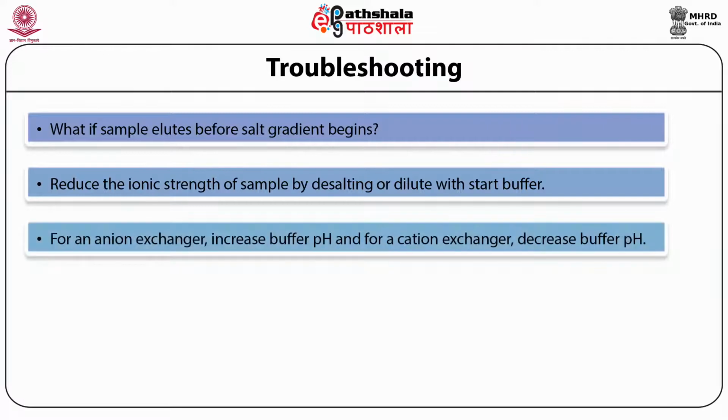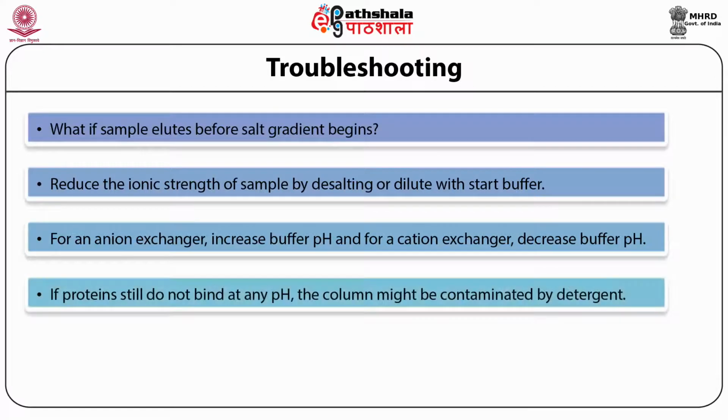For an anion exchanger, we should increase the buffer pH, and for a cation exchanger, we should decrease the buffer pH. Now, if the proteins still do not bind at any pH, then we should look for any contamination in the column, which may be due to the presence of a detergent.